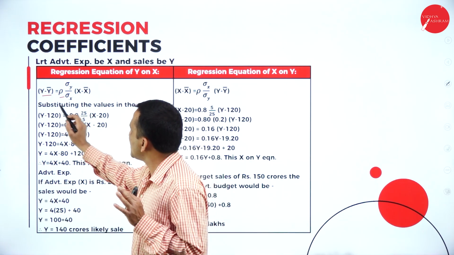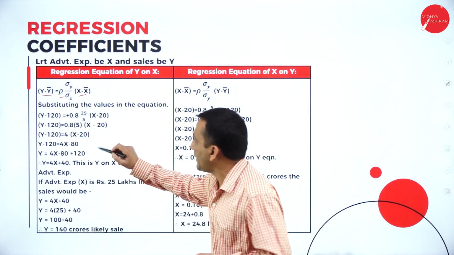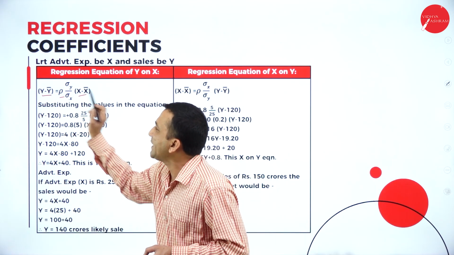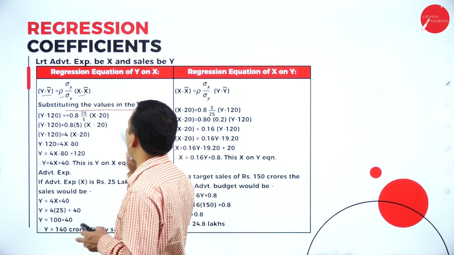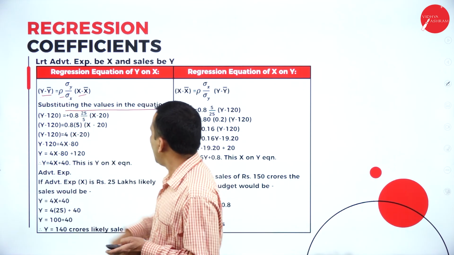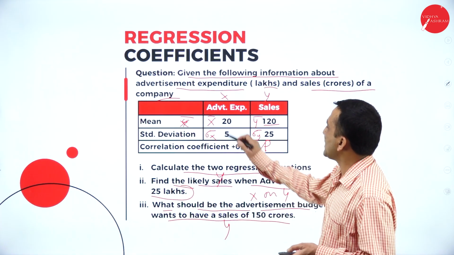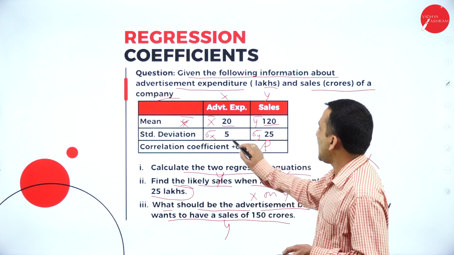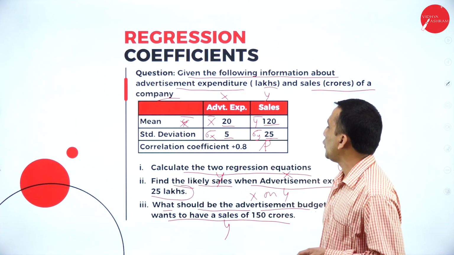Here y and x individual values are not given; at the time of the second question, we will consider y or x based on the question. So substitute the values given in the equation. Y bar is given as 120, x bar is given as 20, standard deviation of x is given as 5, and standard deviation of y is given as 25.